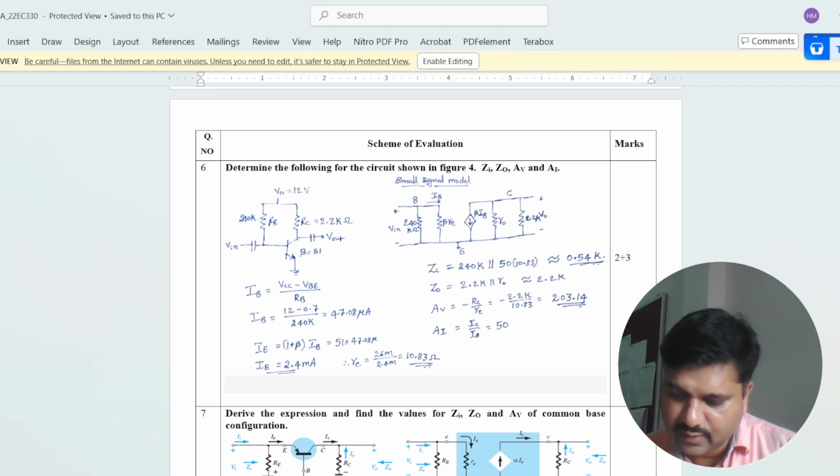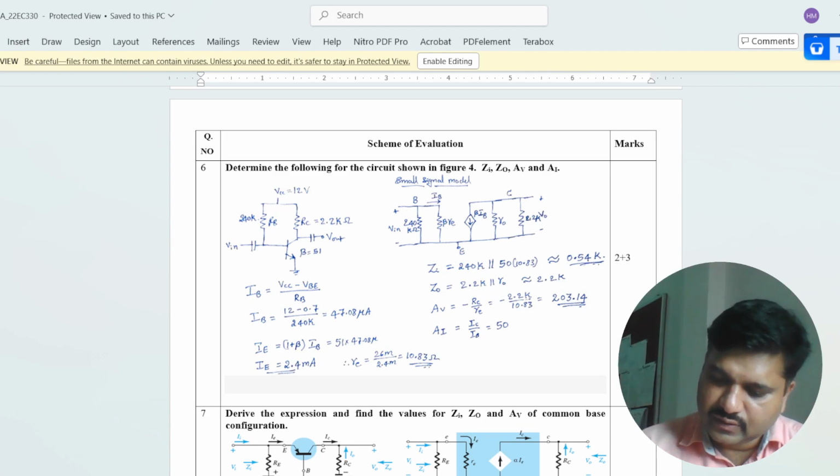I'll take it as 510 ohms for beta Re. And at the output you have this IC, which is beta times IB. R0 is not given, and this is RC, which is 2.2k.